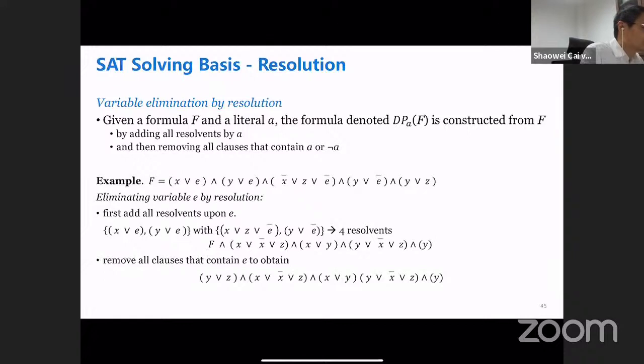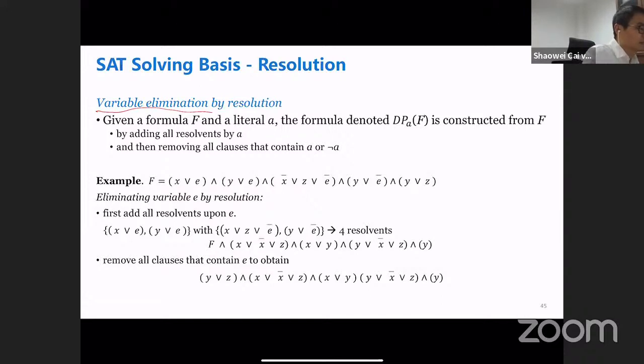Although the saturation algorithm is not practical, the resolution rule is currently used in many solvers, actually in almost all of them. A direct use of resolution is in preprocessing, to simplify the formula.